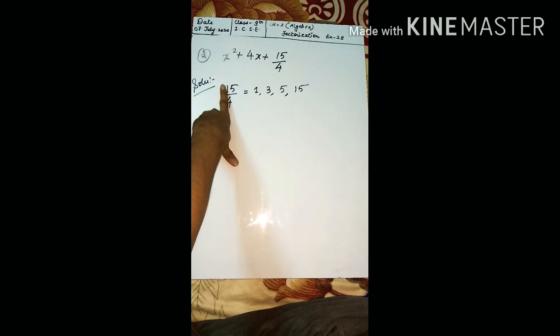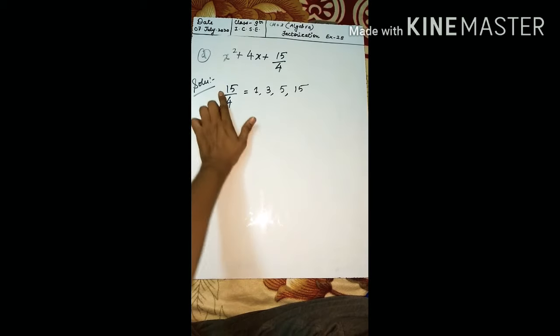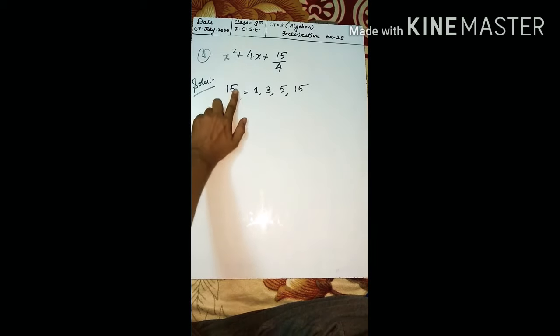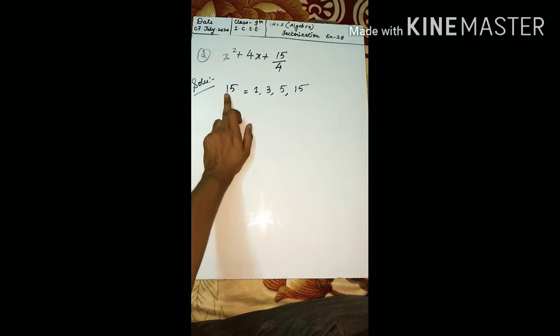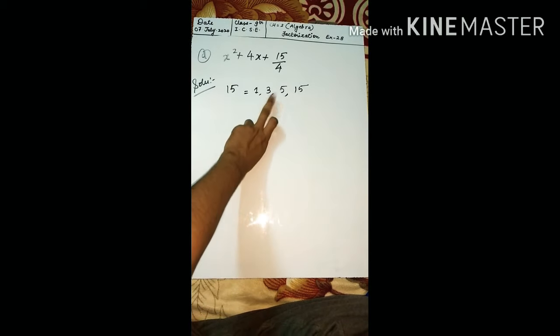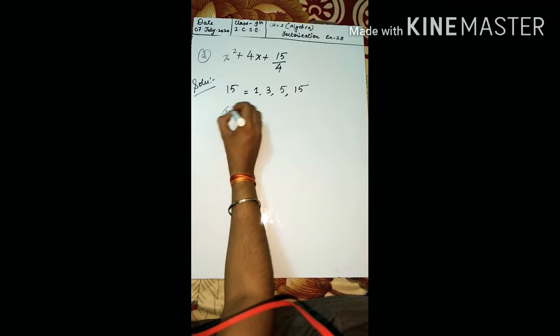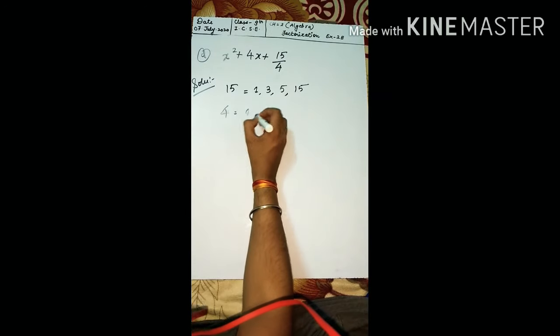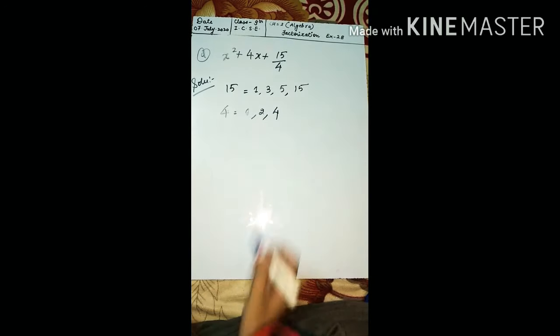Let us find the factors of 15. Let us not write this 4 for now. What are the factors of 15? 1, 3, 5, 15. And what will be the factors of 4? They are 1, 2 and 4.